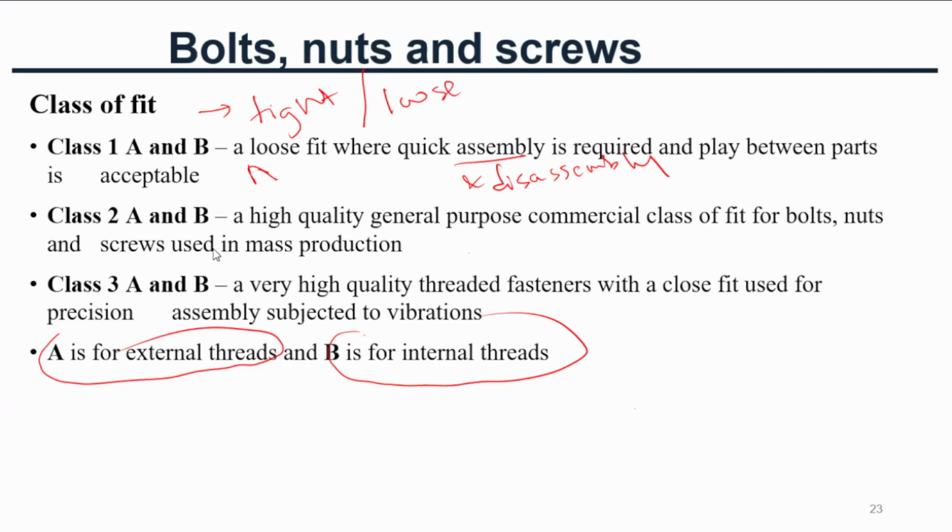And then the second one is class 2A, 2B, a high quality general purpose commercial class of fit for bolts, nuts and screws used in mass production. So this is the most common one, commonly used in commercial applications, and it provides a good balance between easy assembly and tightness. 2A means external thread, 2B means internal threads.